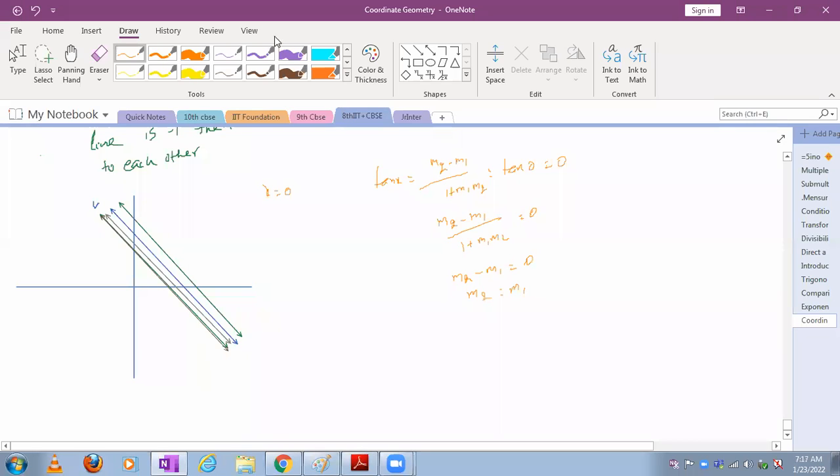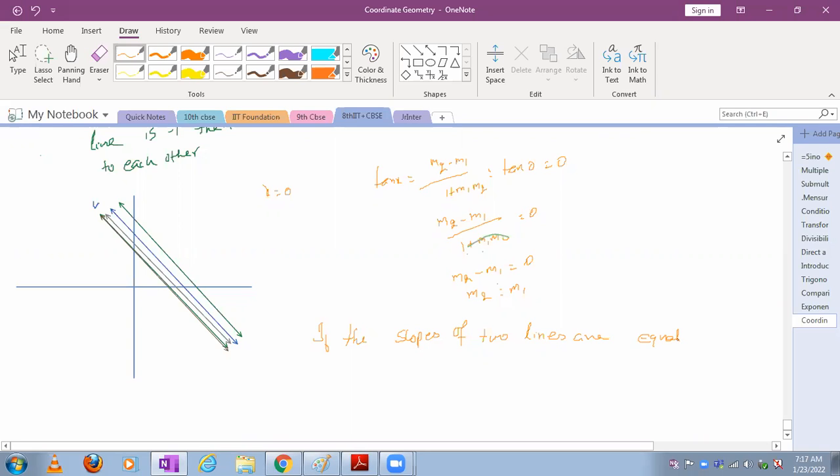Means if the slopes of two lines are equal, then... Sir, where is the slope term? Wait one. Here you have two lines that are equal. See, all of you must note this concept in your notes, whether you understand or not.